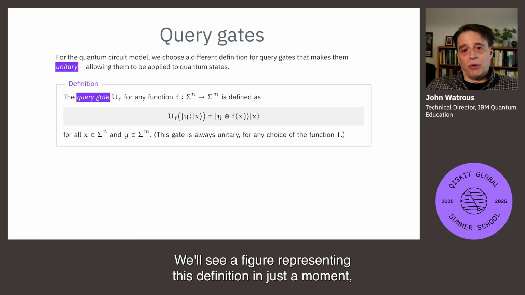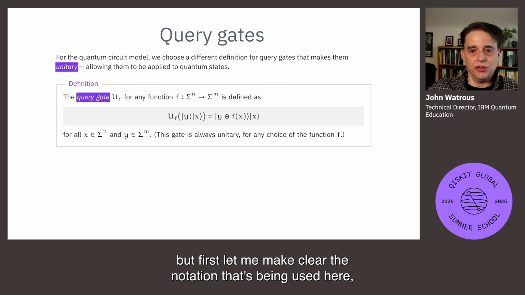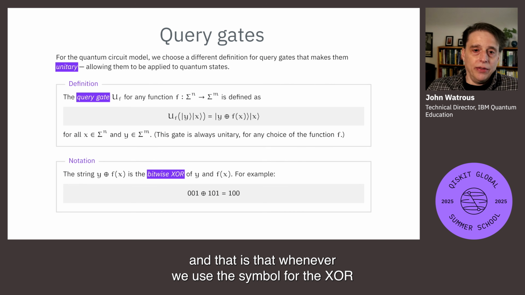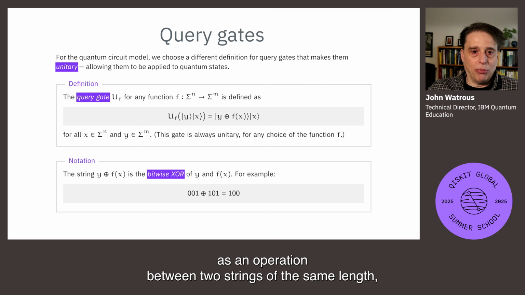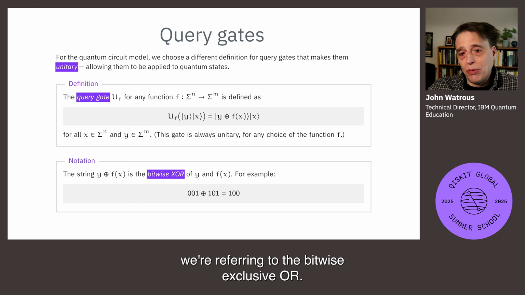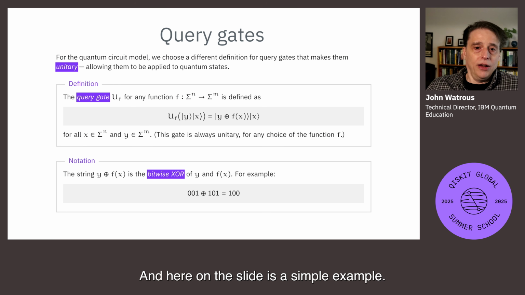We'll see a figure representing this definition in just a moment, but first let me make clear the notation that's being used here, and that is that whenever we use the symbol for the XOR as an operation between two strings of the same length, we're referring to the bitwise exclusive OR, and here on the slide is a simple example.